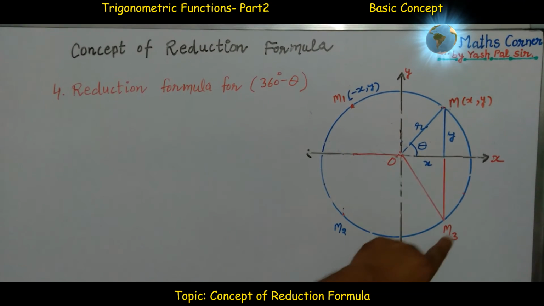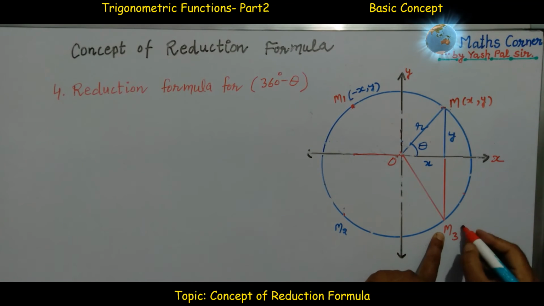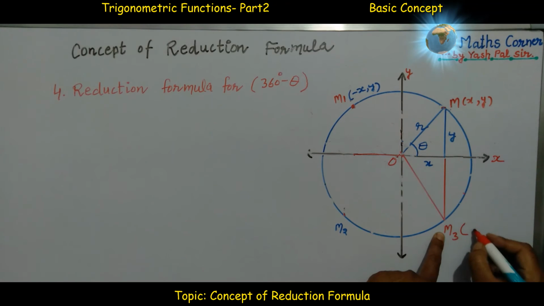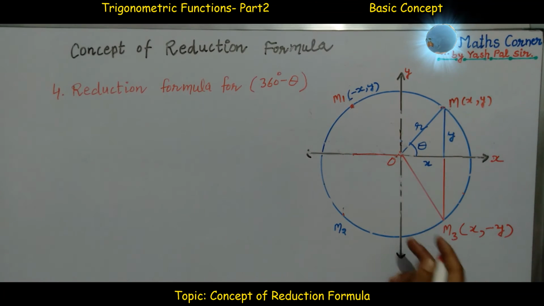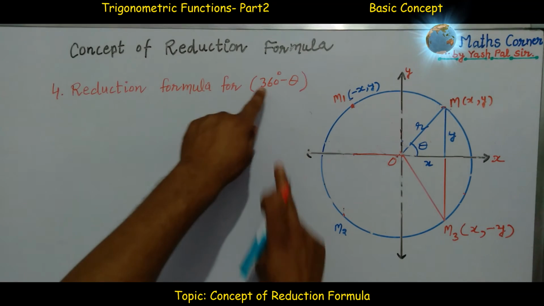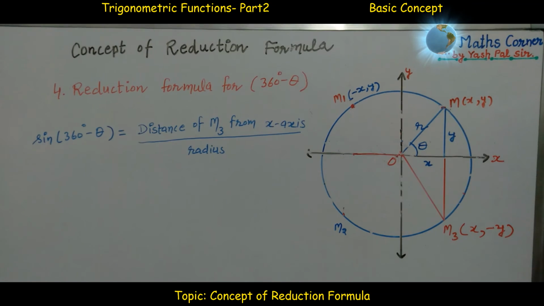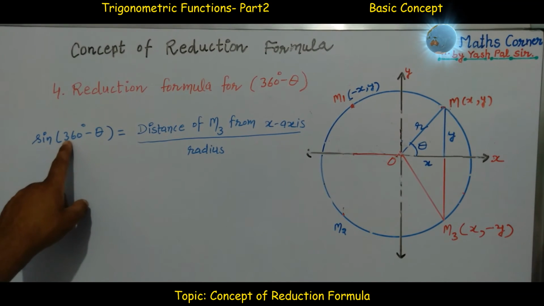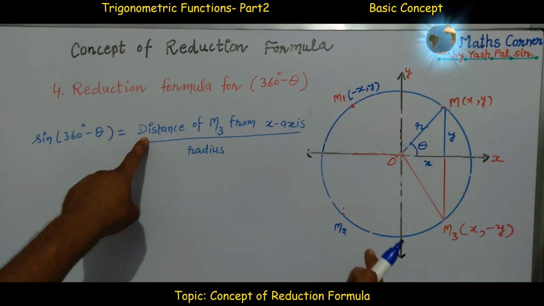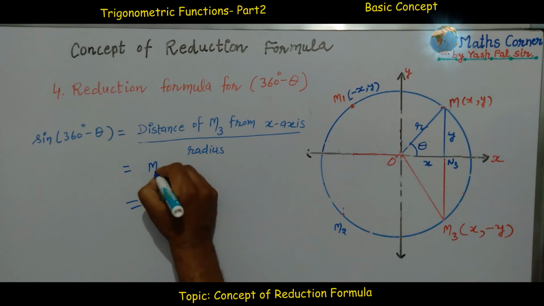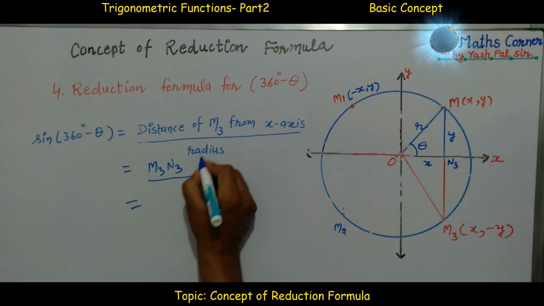Similarly, when this moving point reaches here in the fourth quadrant, having coordinates x positive but y negative, then the angle is 360 degree minus theta. Then what happens? Sine of 360 degree minus theta, using the definition, is the distance of M3 from the x axis, N3, divided by radius r.